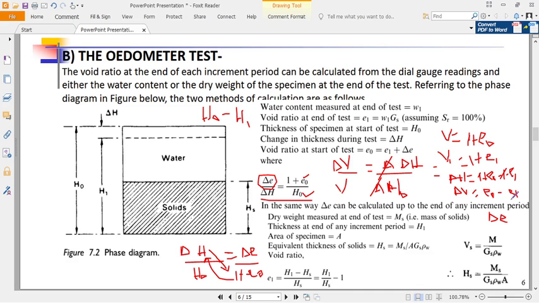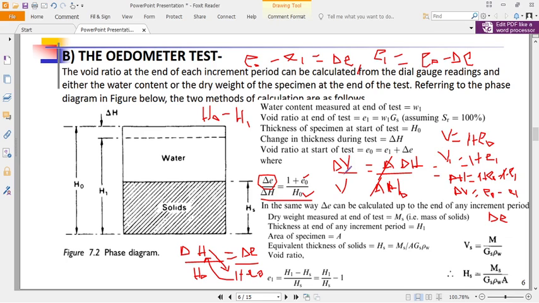So if you know the change in e, you will be able to determine e1, which we need: the new void ratio after the experiment will be equal to e0, which is constant and the initial is known, minus the change in e. The change in e will be determined from such an expression. This is known, this is known, so you can put this in.